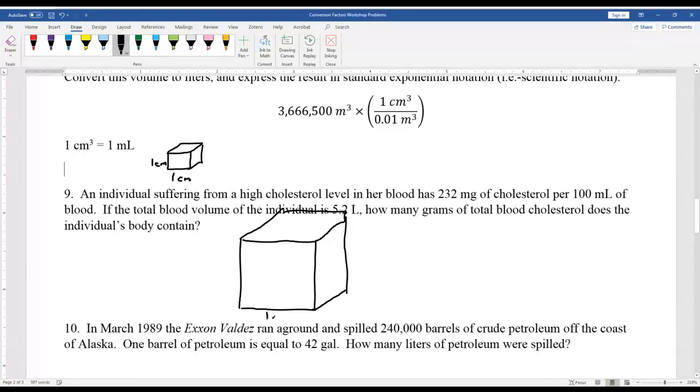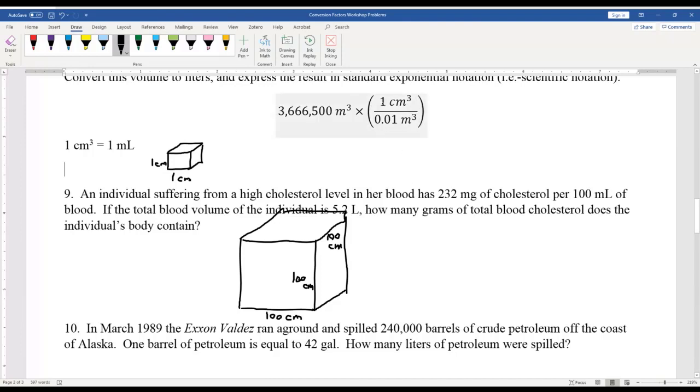If I have a cubic meter, 100 centimeters is equal to a meter. A cubic meter is 100 centimeters times 100 centimeters times 100 centimeters. So it's not that 100 centimeters is equal to 1 meter cubed. 100 centimeters cubed is equal to 1 meter cubed. It's some sort of cube of that.